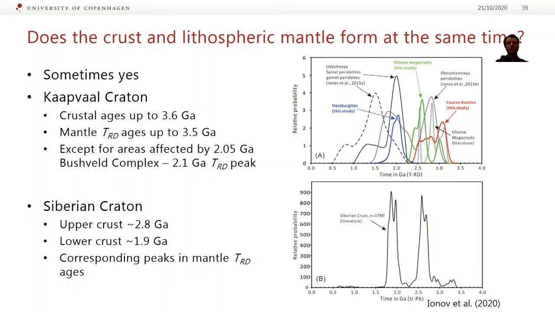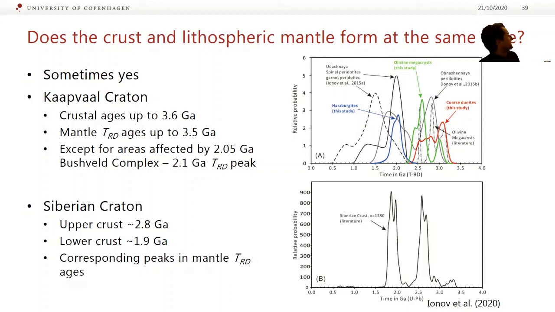And looking at the TRD ages, we can actually see similar peaks. So in the crustal spectrum, there's a peak around 3.0 to 3.5 billion years ago, and this shows up in the TRD ages of coarse dunites and olivine megacrysts included in the kimberlite pipes there.